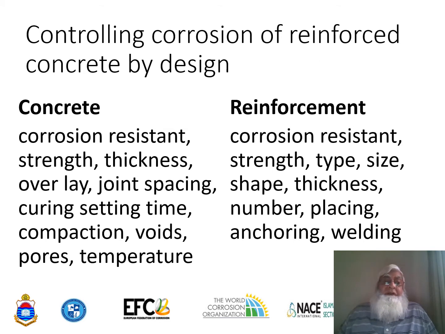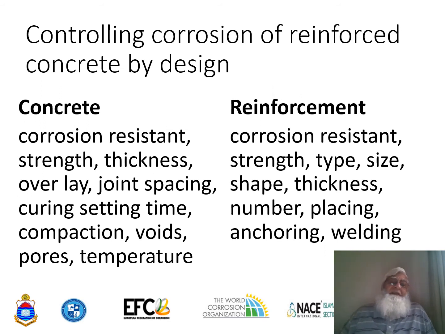Curing and setting time is another factor which controls the corrosion resistance and strength of the concrete. The curing time can vary from 6 to 24 hours, which is normal, but the setting time can extend to 28 hours, and after 28 hours the concrete reaches full strength.